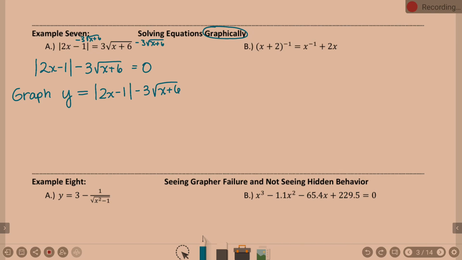Do you guys already know how to find your zeros, your x-intercepts? Calc, zero. You go into your calc menu, which is right above trace. So second, calc. We're going to go to number 2, zero.